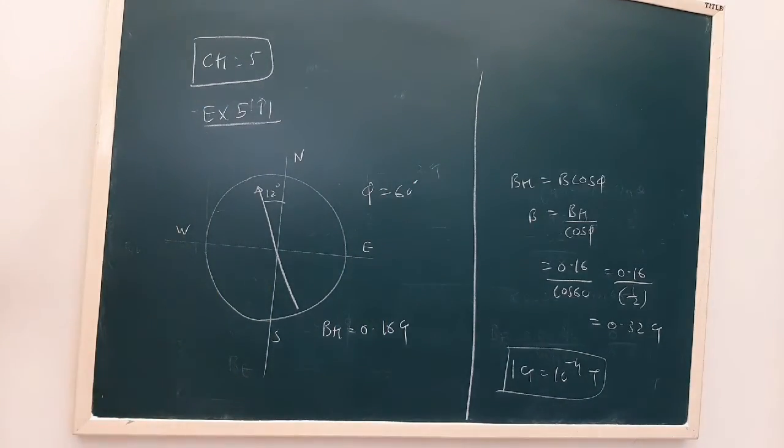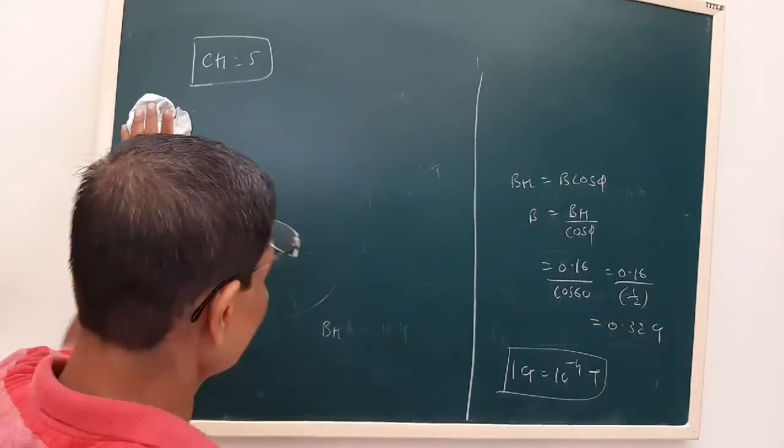Okay, now this was exercise sum number 5.11. Next is exercise sum number 5.12.